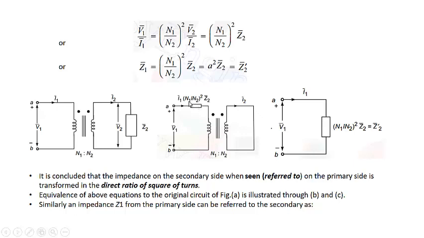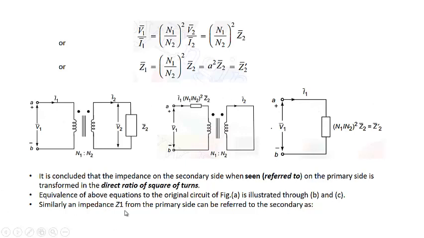So Z1 will be equal to N1 by N2 whole square into Z2. Now omitting this, because the source has nothing to do with it, it is only supplying current based on this impedance. So V1 by I1, that is Z1, will be equal to N1 by N2 square into Z2, which is equal to Z2 dash.